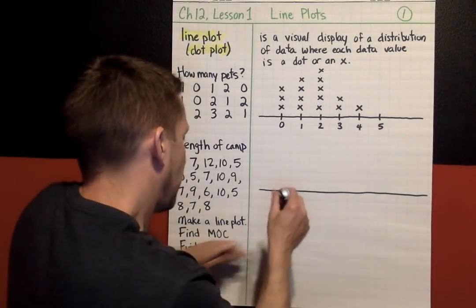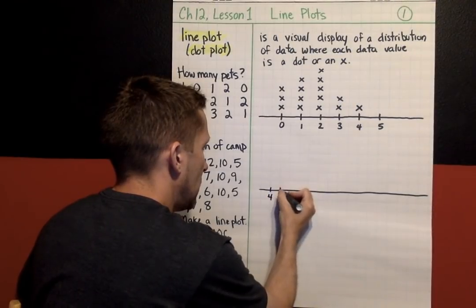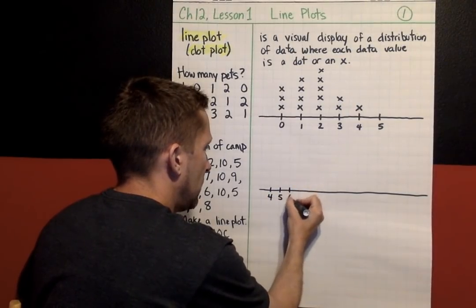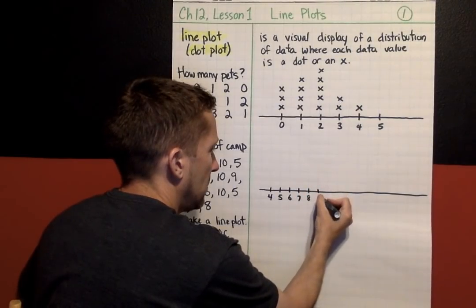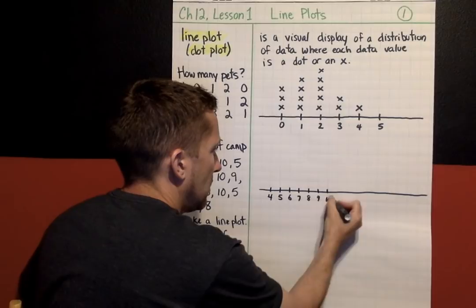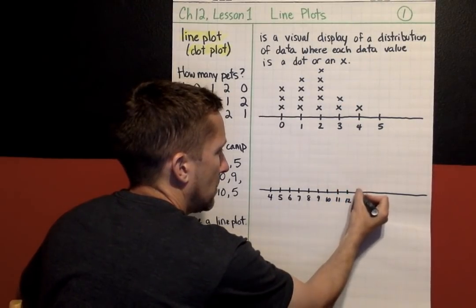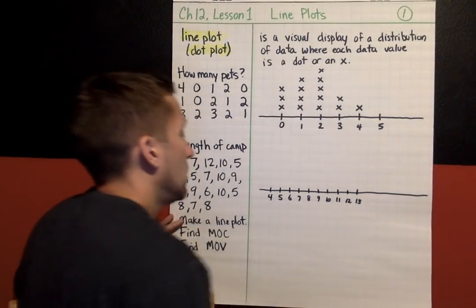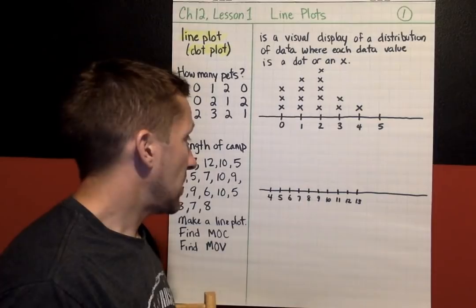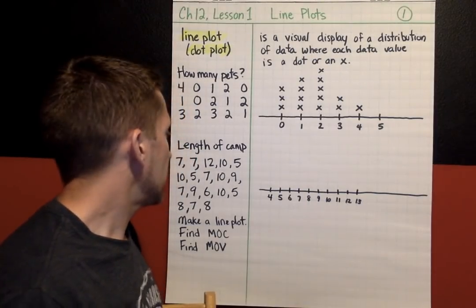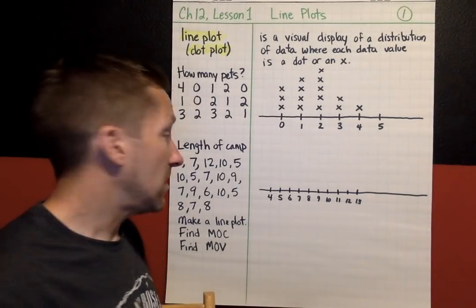So from that, I'm going to make my line 4, 5, 6, 7, 8, 9, 10. Okay, so I will be able to fit my line plot or dot plot on that because I've got smallest is a 5 and biggest number is a 12.